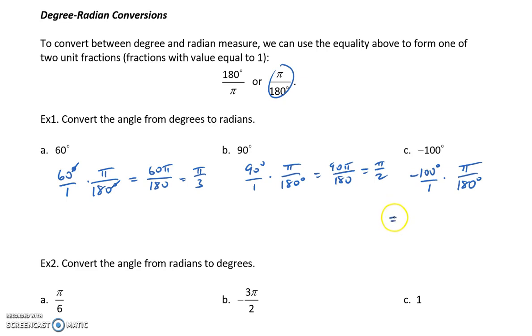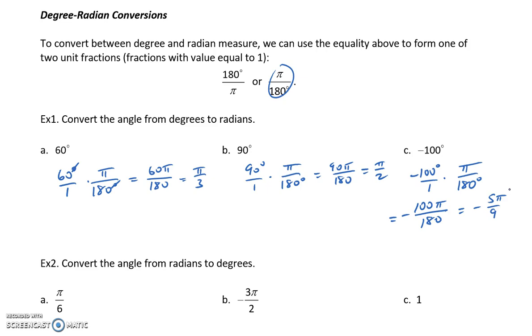So let's write this as negative 100 pi over 180. And we can divide 100 and 180 both by 20. That's their greatest common divisor. And that would give us, in simplest terms, the radian measure negative 5 pi over 9.